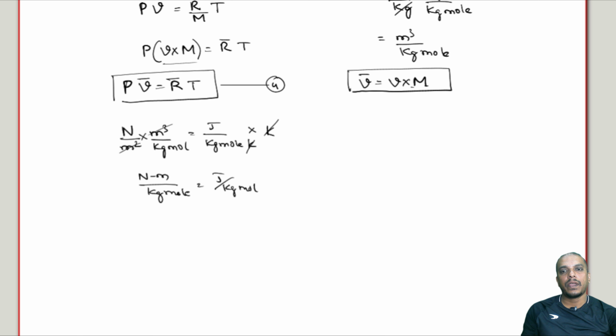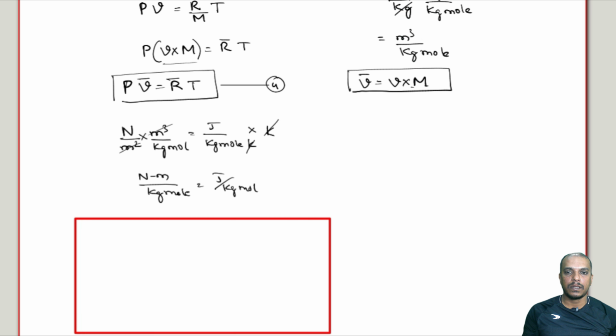So we have written PV is equal to mRT in different forms. The same ideal gas equation can be written in different forms. We start with PV is equal to mRT. Now if you send the volume to that side, we will have P V is equal to RT. This is equation 1, this is equation 2 we have derived.